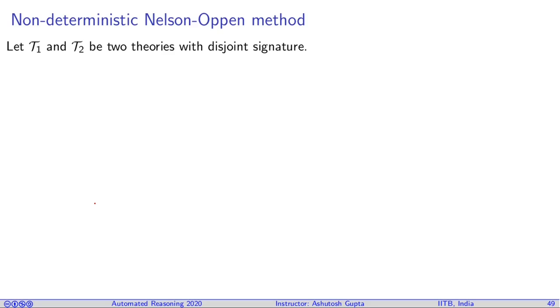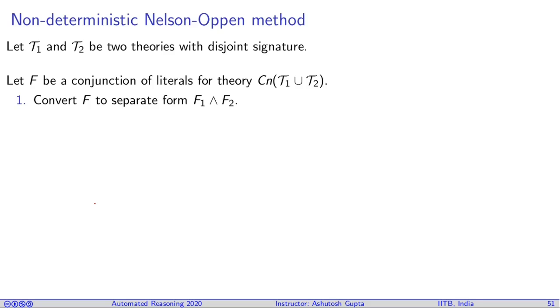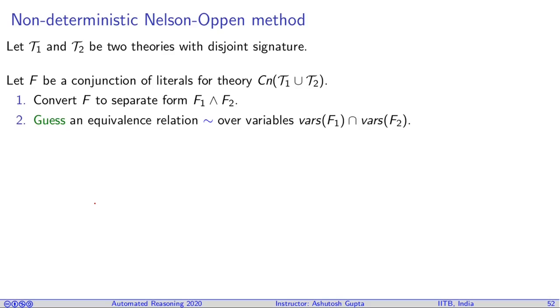Now let's see how the Nelson-Oppen method works. Let T1 and T2 be two theories with disjoint signatures. We take a conjunction of literals F for the theory T1 union T2. Convert F to separate form, F1 and F2, which belong to their respective theories.